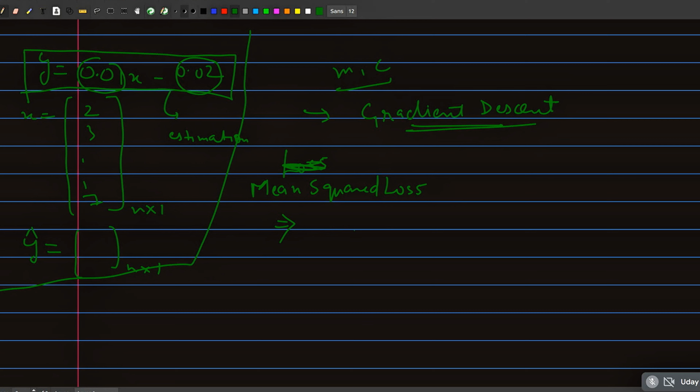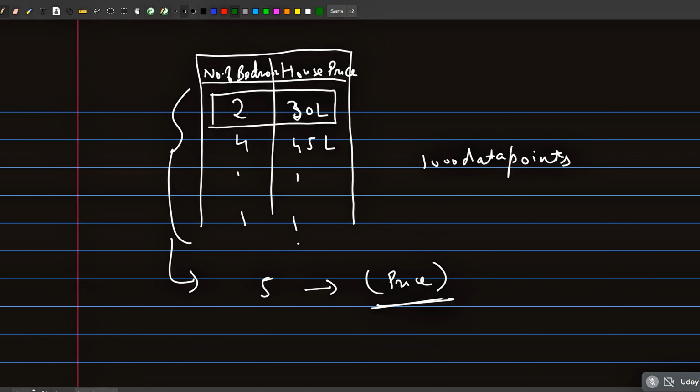So loss is basically, let's say you had the actual values, like in the data, yes, for two bedrooms it was 30 lakh. So this is the actual, or say true, value of price. Okay, so we would denote it as y.